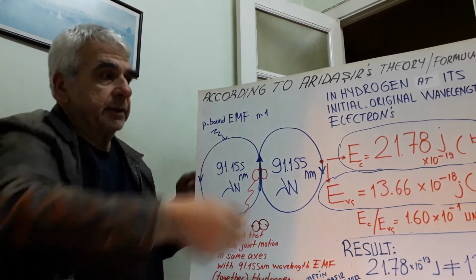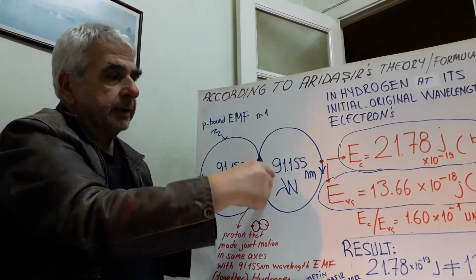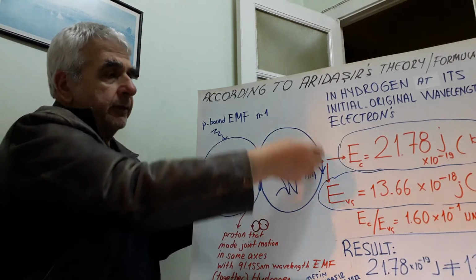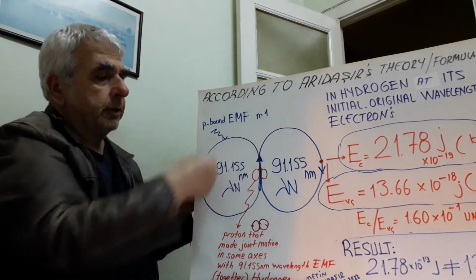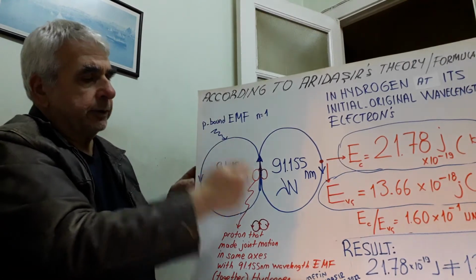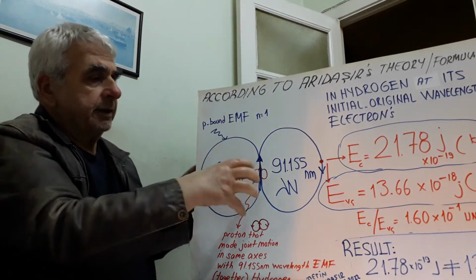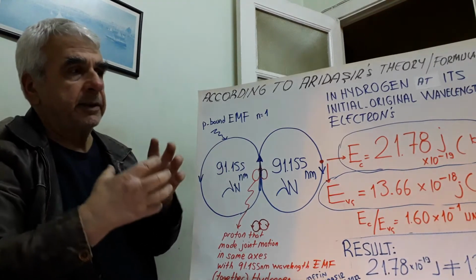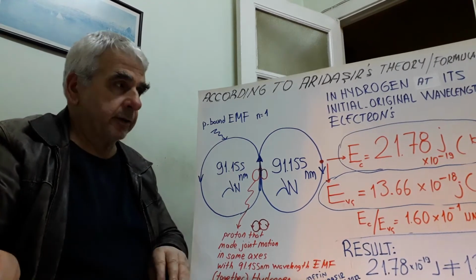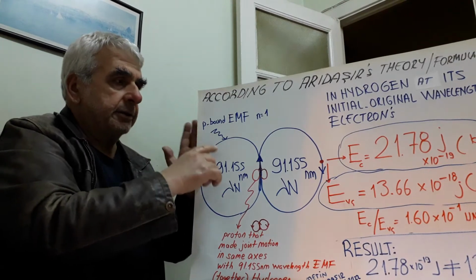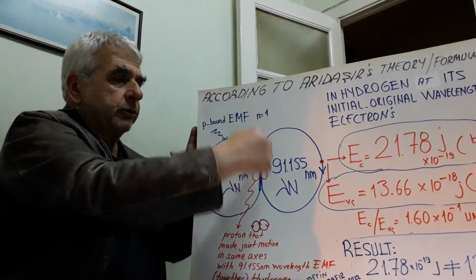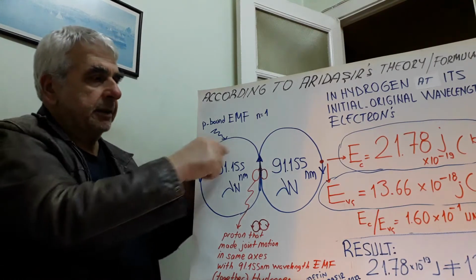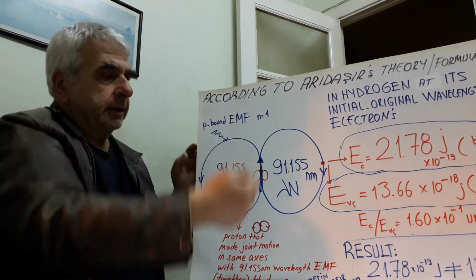Different energies. Same point of 91.155 nanometer wavelength of electron motion form. This is bounded to proton. And its initial, not disturbed wavelength. Okay. P-bound electron motion form and equal 1, cycling. Okay? Not like this. Not revolving.